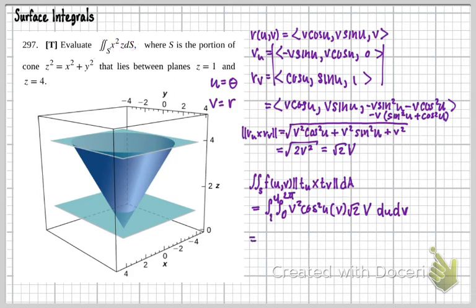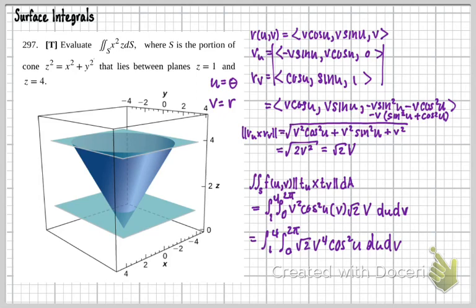So I will clean it up a little. v from 1 to 4, u from 0 to 2 pi. And then this is really square root of 2, v to the 4th, cosine squared u, du dv.